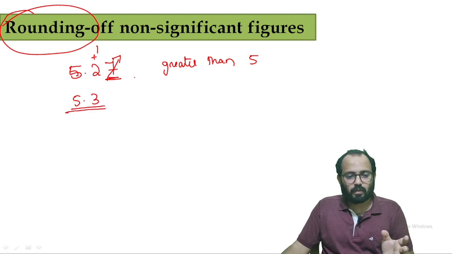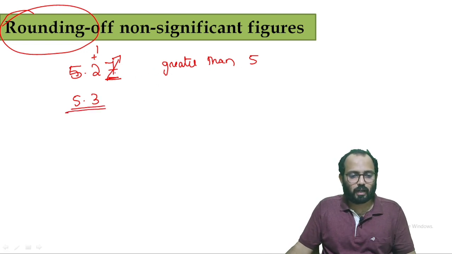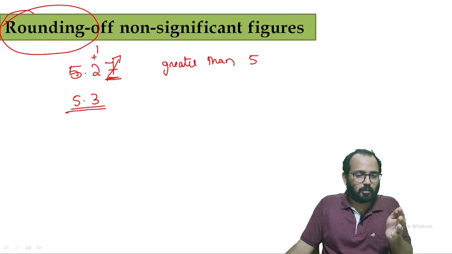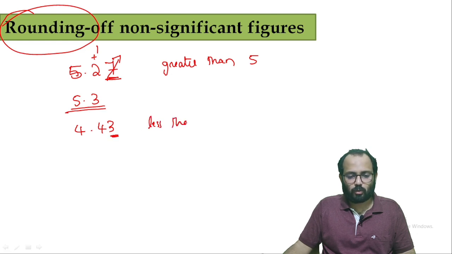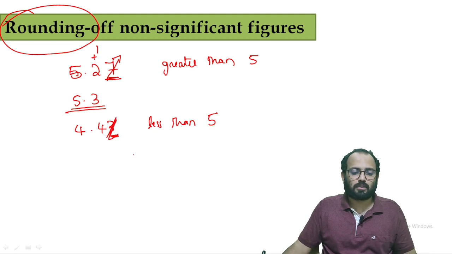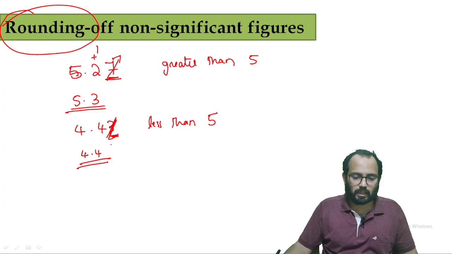Now take 4.43. If this value is less than 5, you just neglect this, that's it. The value is going to be 4.4.